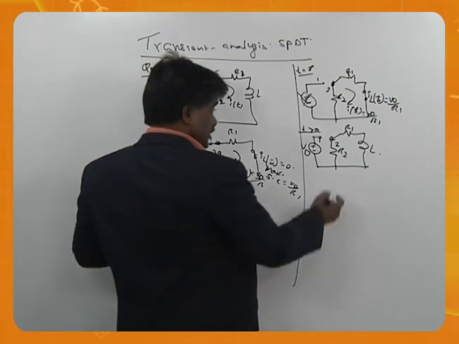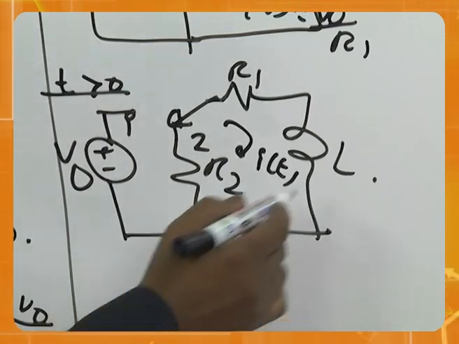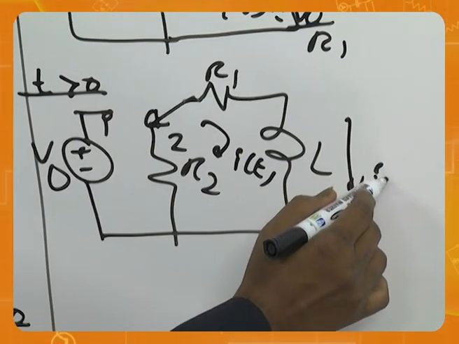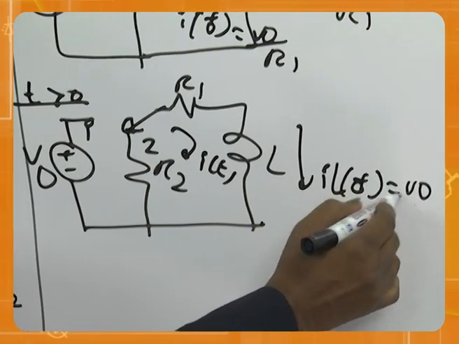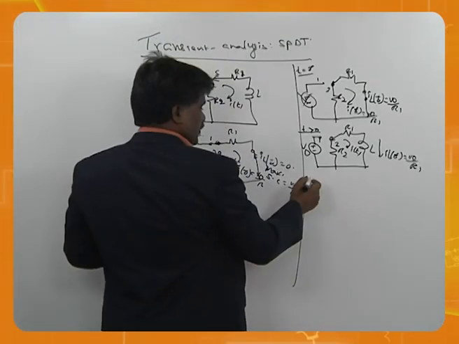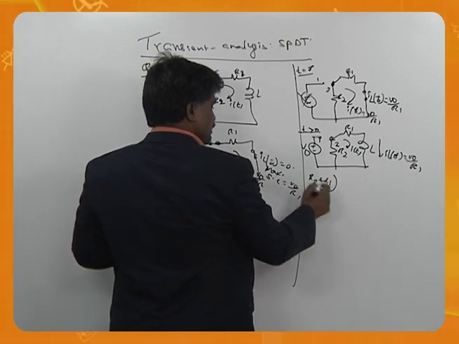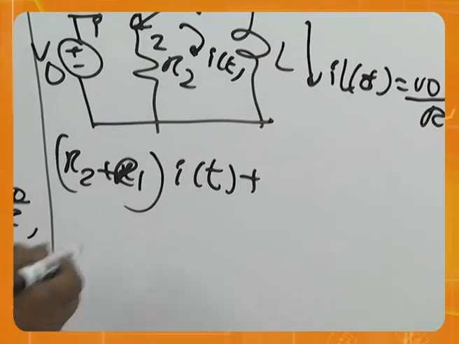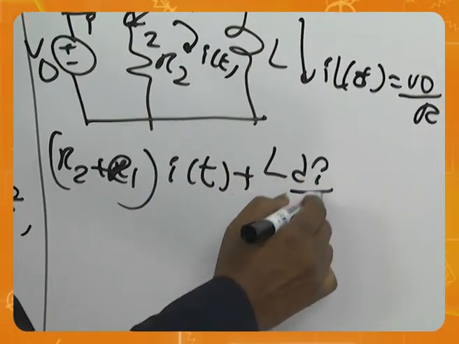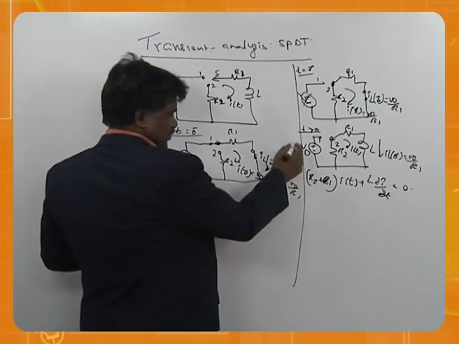Now looking over here, for example, i(t), don't forget there is a current, please. IL of 0 plus is V0 by R1. Now if I take the equation, (R2 plus R1) into i(t) plus L di by dt is equal to 0. Why 0? Because this is nowhere connected.